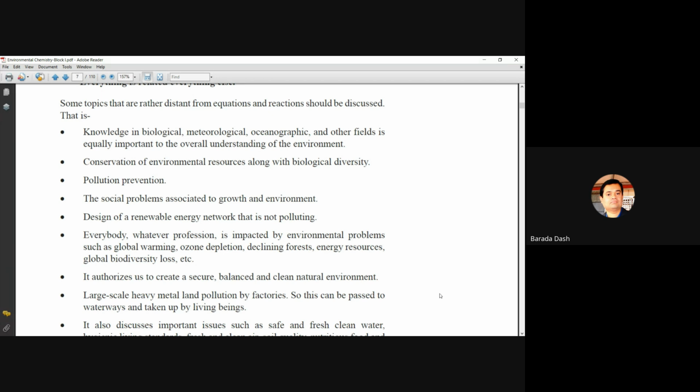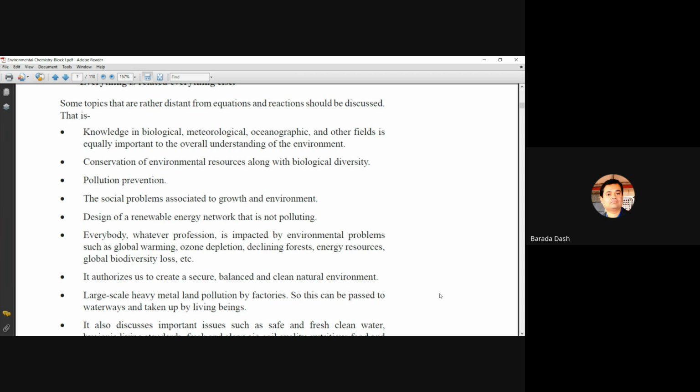The topics that are rather distant from equations and reactions should also be discussed. Basically, knowledge in biological, meteorological, oceanographic, and other fields, conservation of environmental resources along with biological diversity, pollution prevention, social problems associated with growth and environment, design of a renewable energy network that is not polluting.